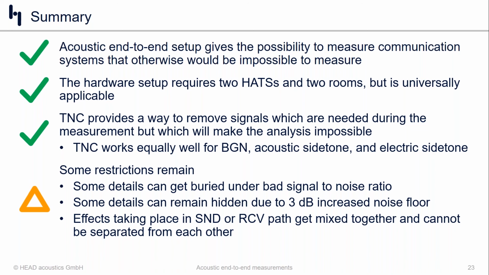And of course, because we are doing full end-to-end testing, we are not able to necessarily differentiate between what processing is taking place in the sending direction versus the receiving direction, because they're both mixed together. So as long as we are clear on those restrictions, as long as we are clear on all those benefits, the point is that acoustic end-to-end testing allows us to do things that we were otherwise unable to do and serves us really well in supporting that.